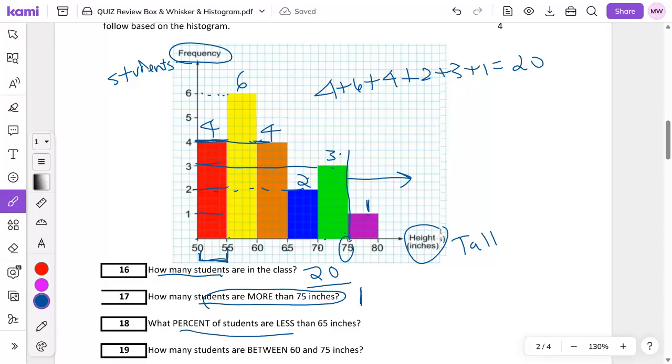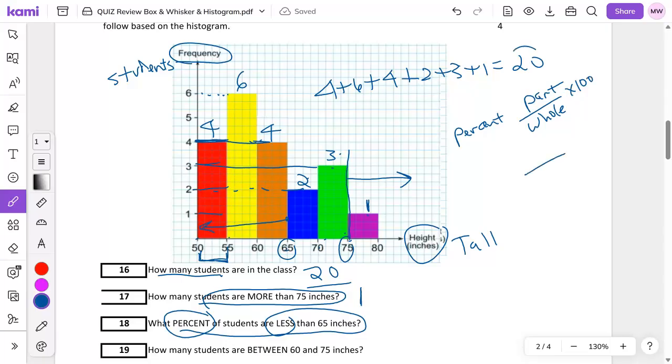What percent of the students are less than 65? Okay, well, 65 is right here, so less would be from here to here. So we would have to go, and this is percent, right? So percent equals part over whole times 100, okay? So the whole we already know is this 20.